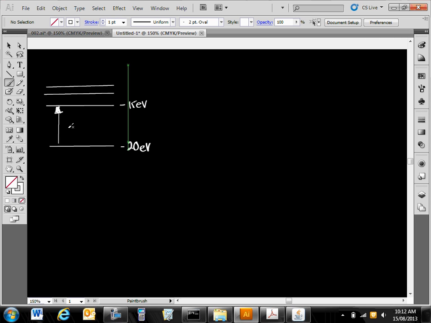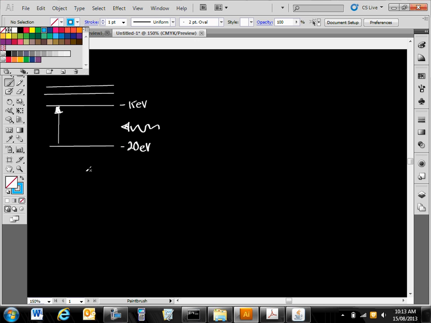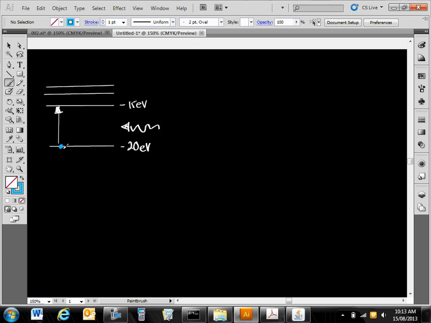And that can only occur if we give this atom some energy. And we do that by shining light on it. For that transition to occur, for that photon to be absorbed, you could imagine there's an electron here jumping from one energy level to another.